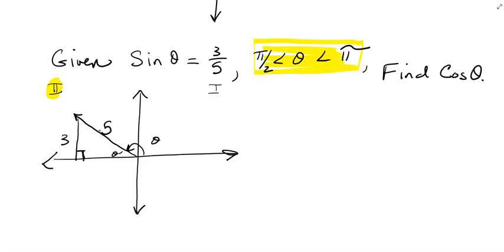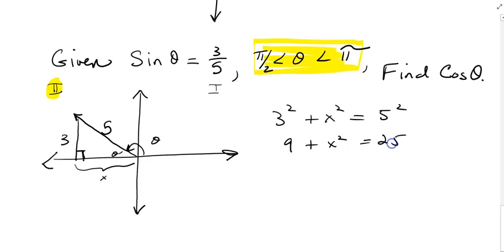I want cosine, but cosine is adjacent over hypotenuse, so what do I need? I need this x value. How am I going to get that? I've got a right triangle. We know 3 squared plus x squared equals 5 squared. Leg squared plus leg squared equals the hypotenuse squared, so 9 plus x squared equals 25, x squared equals 16, x equals 4.